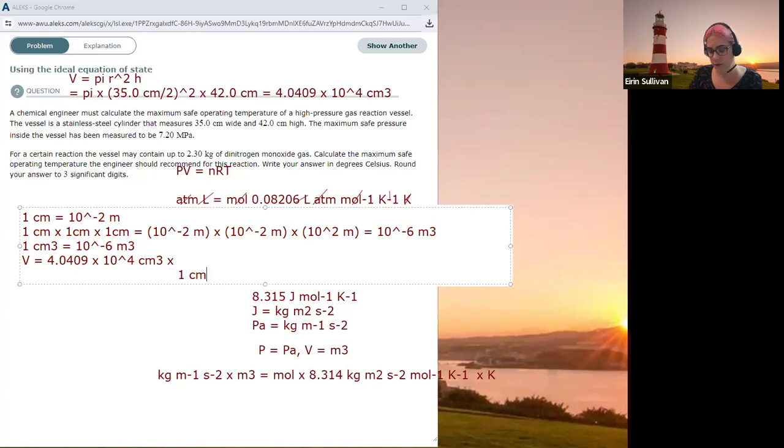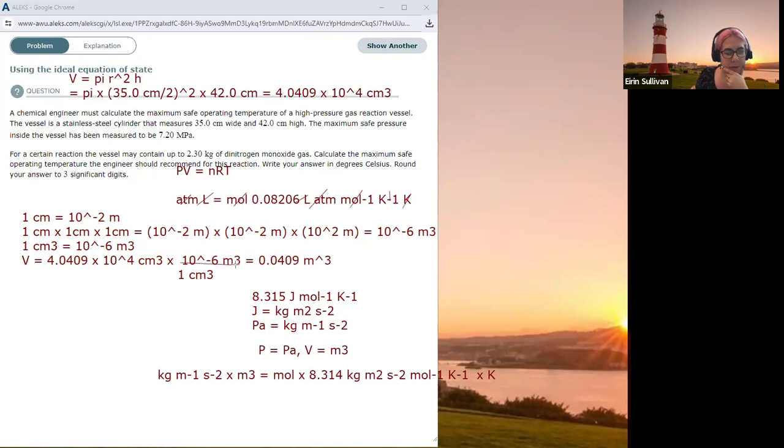So 1 centimeter cubed is 10 to the minus 6 meters cubed. That is going to give me 0.0409 meters cubed. We haven't even started the problem yet, we're just getting our ducks in a row. So that is going to be my volume.